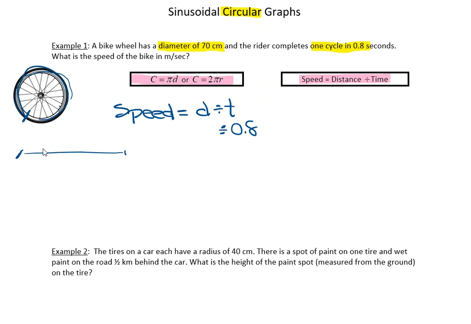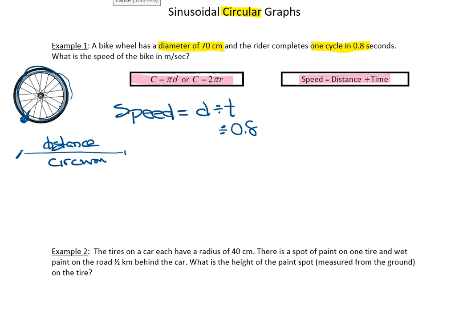So the circumference is now the distance traveled. If there was something on the tire at this spot, like a tack, the distance the tack would have traveled is the circumference.